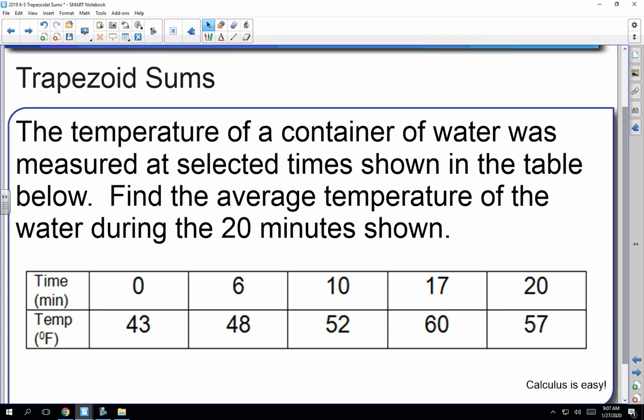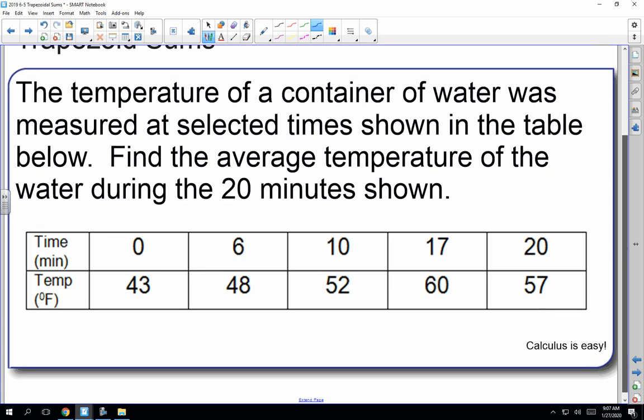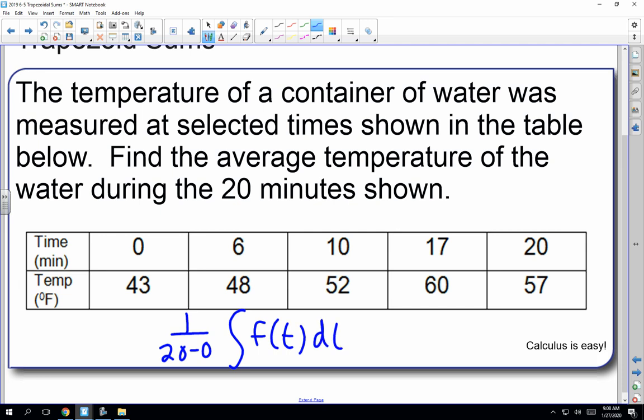So it would look like this. It's 1 over 20 minus 0, that's your b minus a, times the integral of f of t dt.